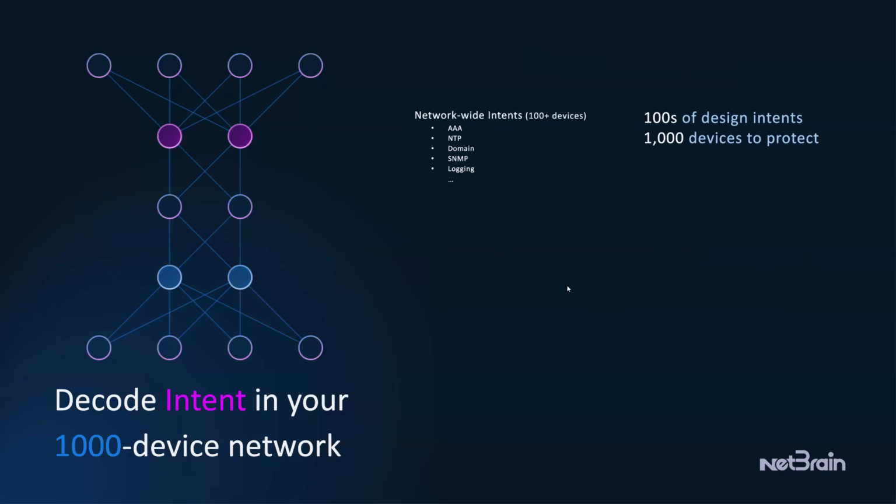First thing, let me just go back a bit. There we go. One of the things I realized is when you go out and speak about config drift, the ones that we usually talk about are the network-wide designs. And these are, just for an example, SNMP credentials. These are your NTPs, your AAA, and a lot of these things, right?